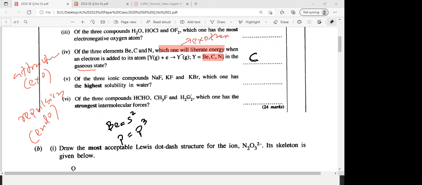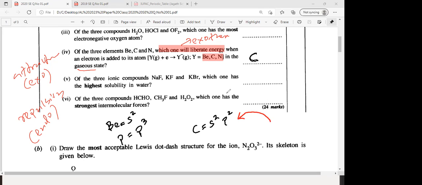One factor here: someday you might argue, sir, nitrogen is more electronegative, therefore it will attract the electron. Actually, when an electron is added, you have to check whether there will be repulsion or resistance from that atom or not. Now carbon is s2p2. Which one is easy to add the electron to?